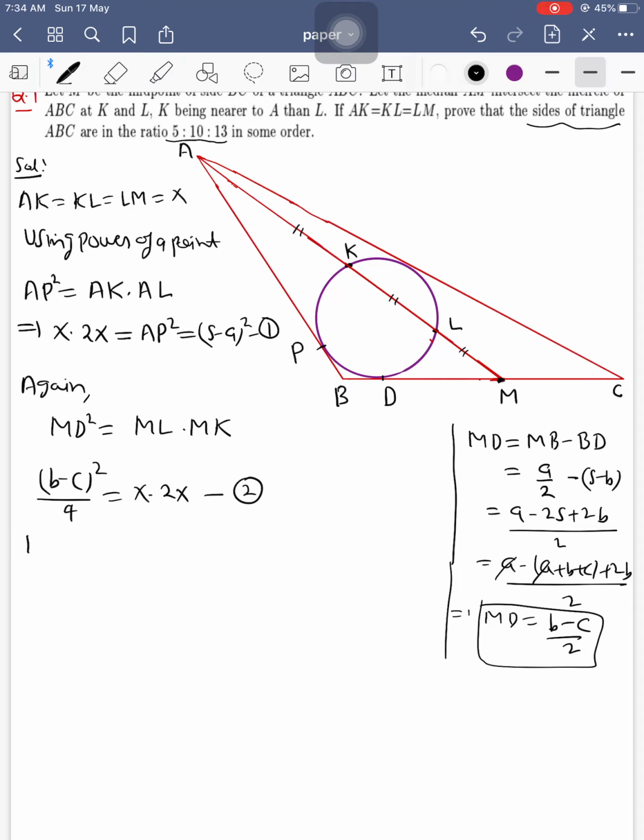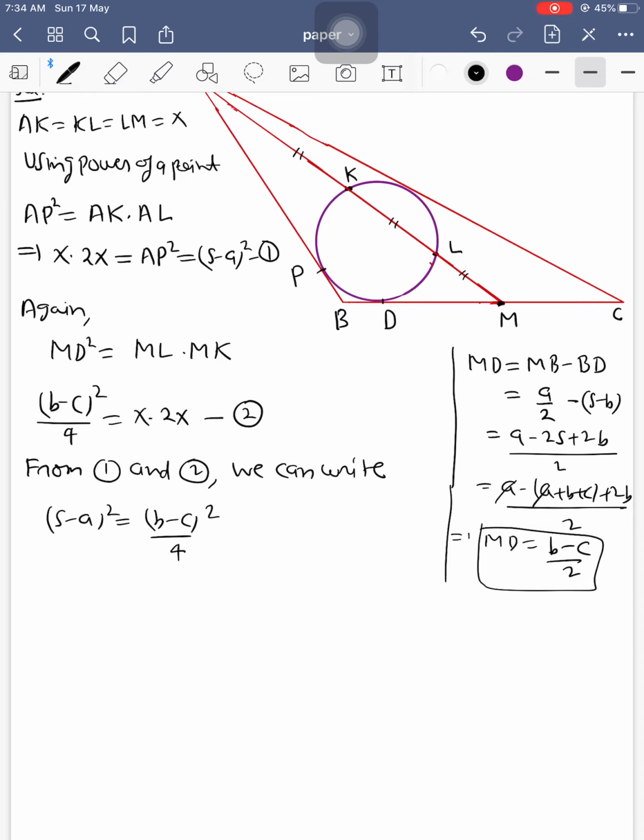Okay, from 1 and 2 we can write S minus A square equals (B minus C) whole square by 4, and after taking square root we can write 2S minus 2A equals B minus C. 2S equals A plus B plus C, minus 2A equals B minus C. B cancels out.